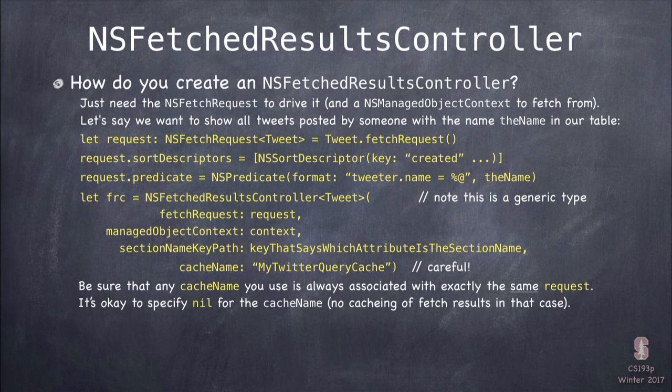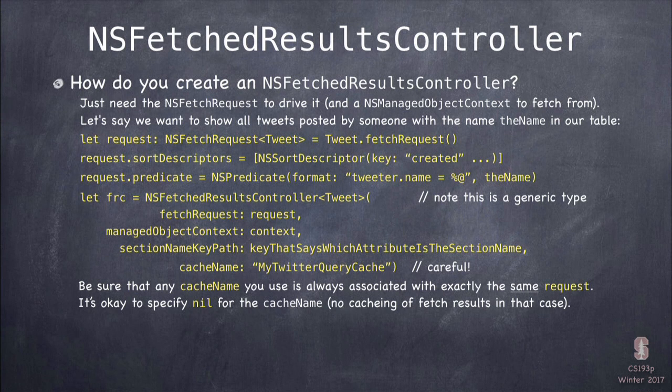And this is the same type of things that are in the rows of your table. Now that cache name at the bottom is interesting. That is actually going to permanently cache the results. In other words, it's going to get the results out of the database and store on disk the result in some internal format. And that storage, by the way, if you quit your app and come back, it'll still use that cache. So it's quite efficient. But you have to be a little bit careful. You cannot change anything about your request.